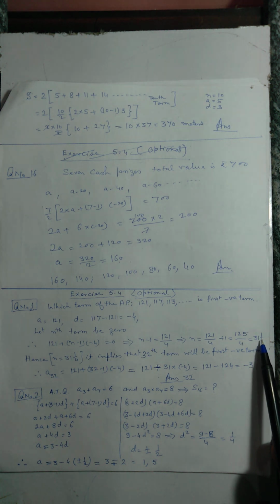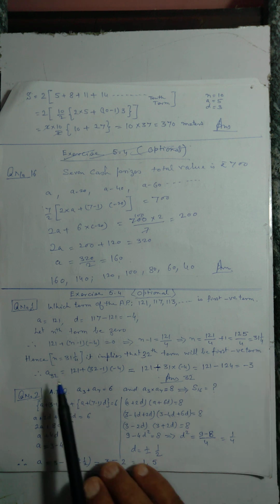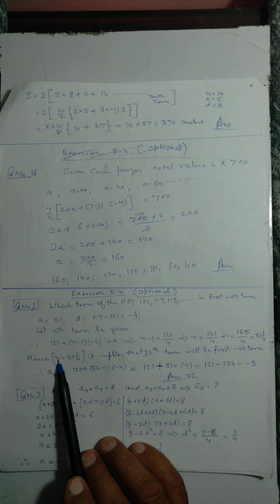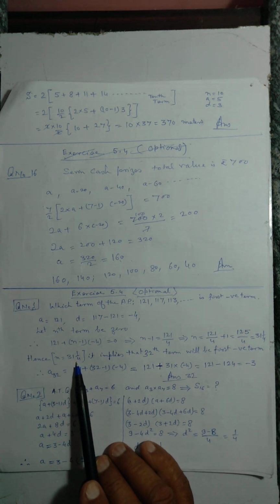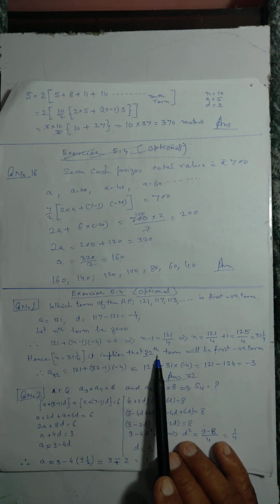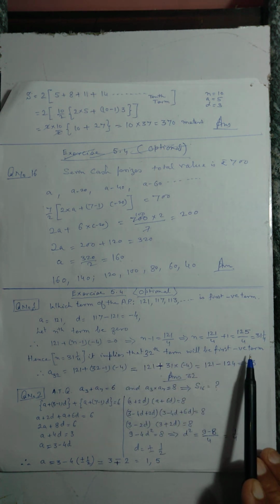Beyond that, as you cross the 31st and reach the 32nd, that will be in the negative part. Hence n is equal to 31 and 1 by 4. It implies that the 32nd term will be the first negative term.